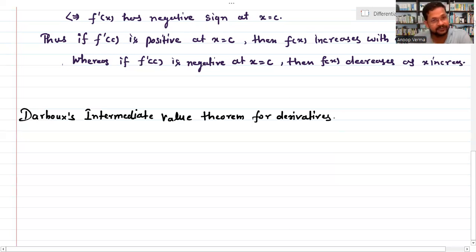Derivative. Okay. So this is the theorem. So let's state it first and then I will prove it.